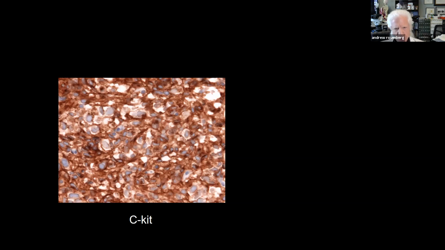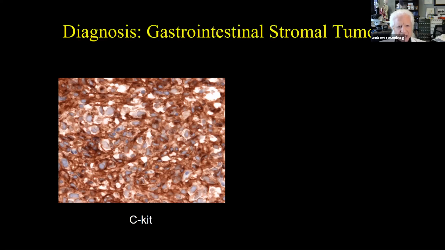And one of those important markers is a protein known as c-KIT. And here in this immunohistochemical slide, all of the brown staining represents a positive reaction that allows me to confidently make the diagnosis of gastrointestinal stromal tumor.